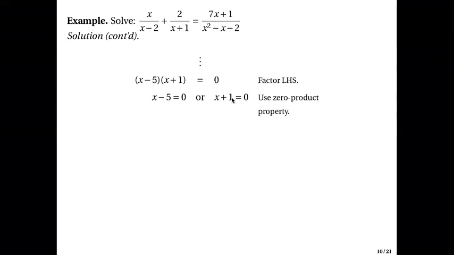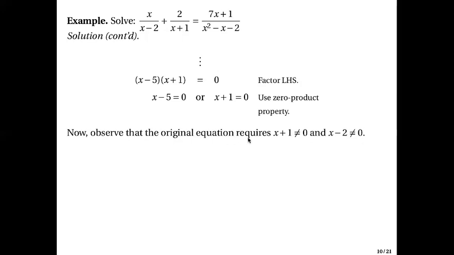We cannot have x plus 1 equals 0, because if you look at the original equation, you have a denominator x plus 1. Correct? And therefore, we cannot have the denominator be equal to 0. So notice this guy here. According to this, x plus 1 equals 0, but using the original expression, we cannot have this.